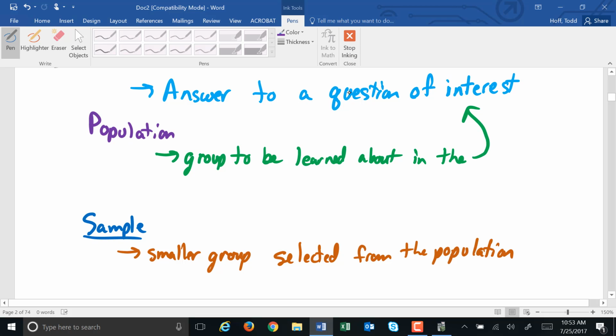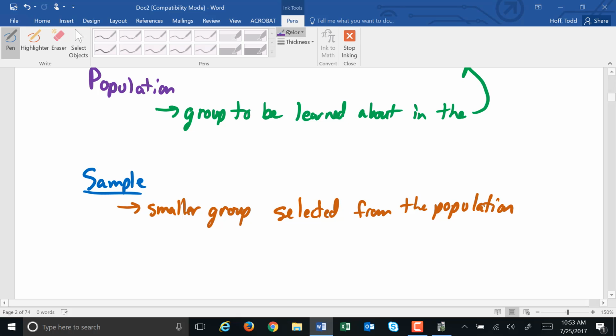There are several reasons to select samples instead of populations. One of them is just what I said: difficulty defining the exact population.